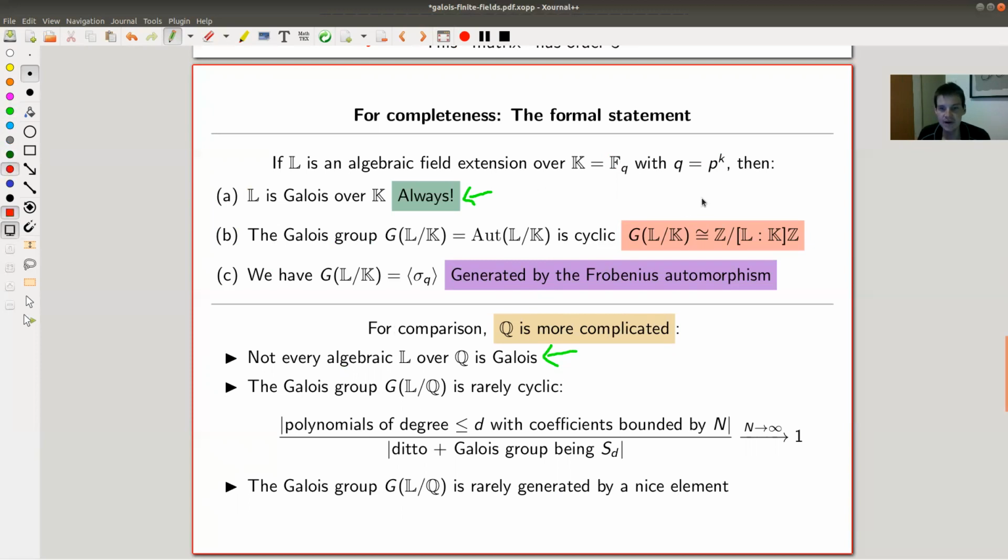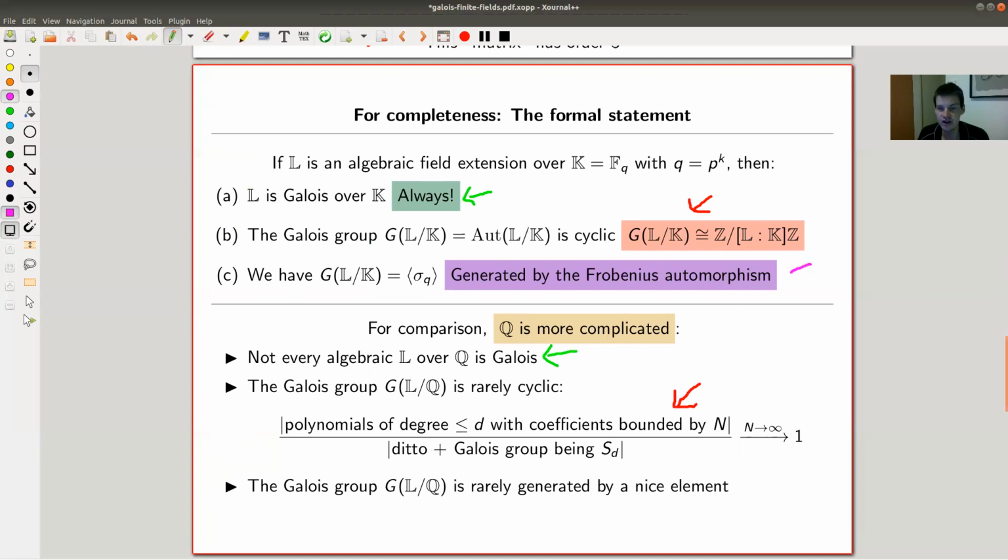The Galois group is ridiculously simple. It's a cyclic group of order of the corresponding Galois extension. So it's some Z mod n, which is in really stark contrast to the situation over the rational numbers. We're going to get there in a second.